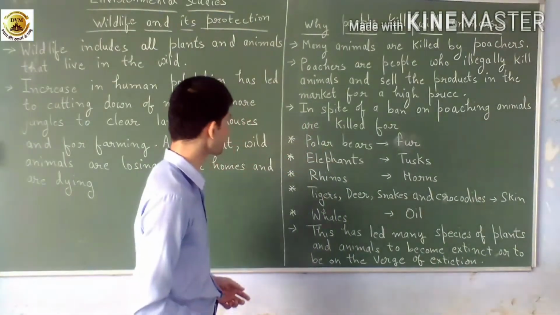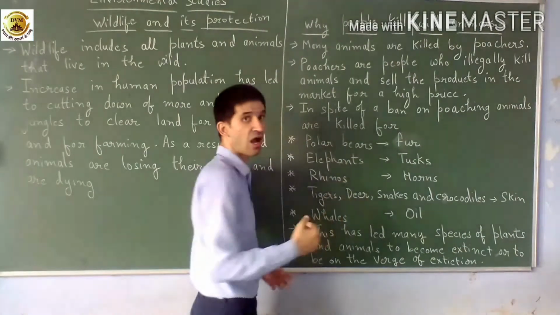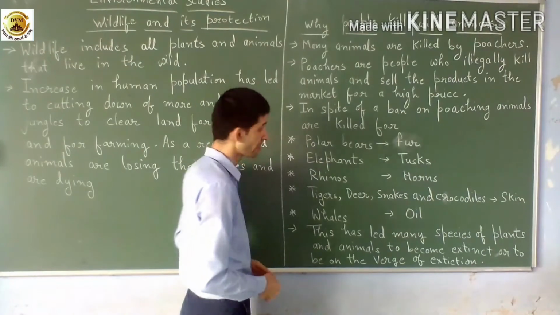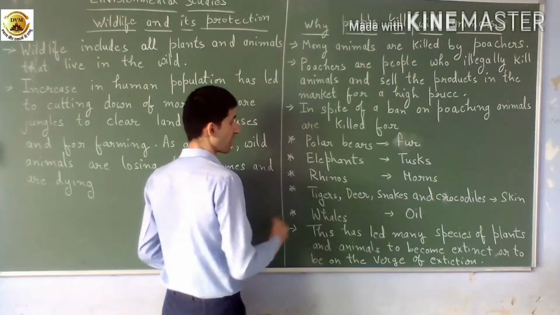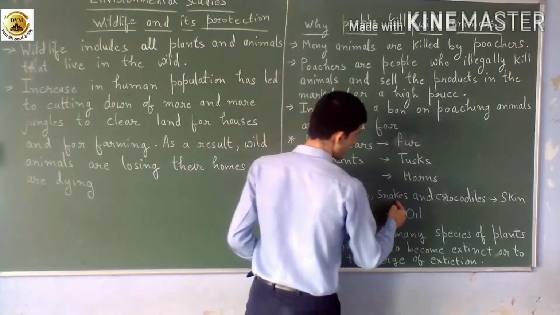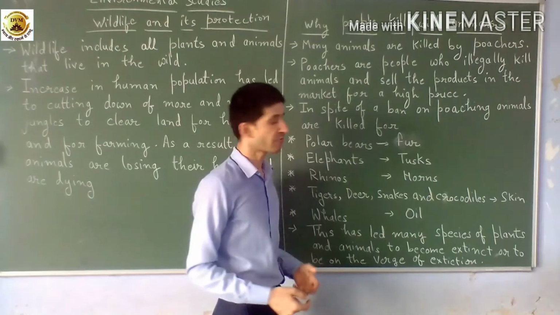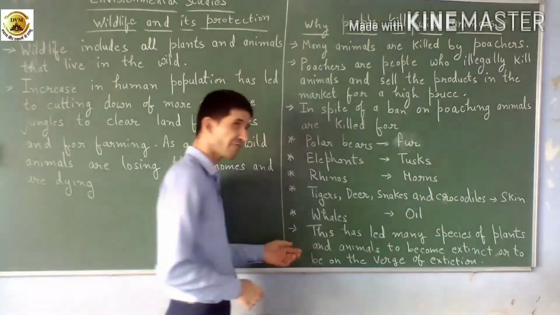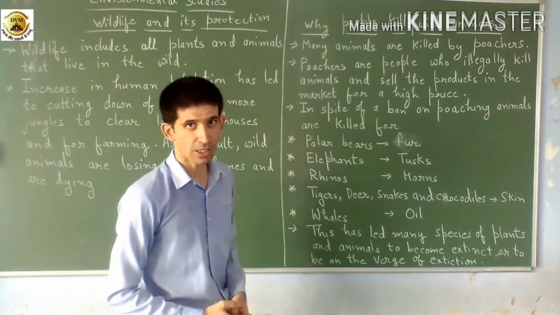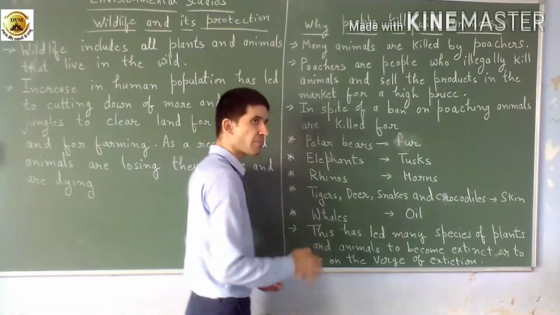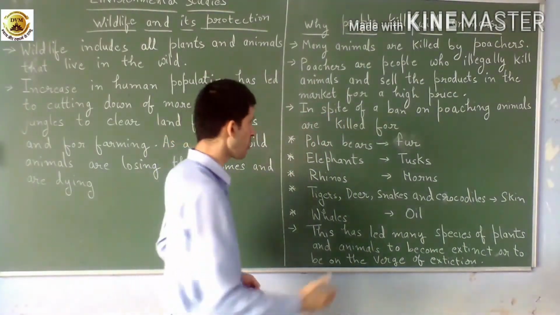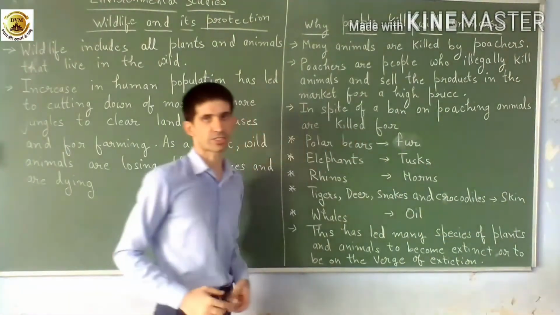Some examples are: polar bears are killed for their fur, elephants are killed for their tusks, rhinos are killed for their horns, tigers, deer, snakes and crocodiles are killed for their skin, and whales are killed for their oil. Okay? So these are some of the examples of animals which are killed illegally to obtain all these products.